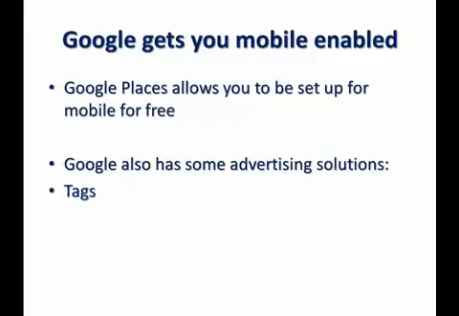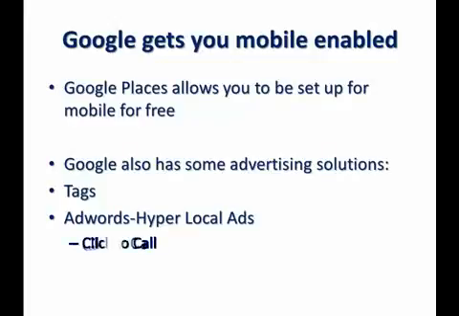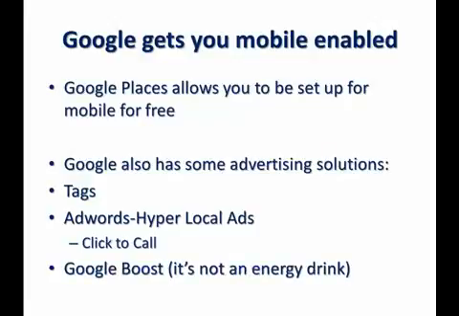So there's Google Tags, which are little tags on your listings, enhancing them. Then AdWords has hyper-local ads, and also click to call. And then there's Google Boost, and no, it's not an energy drink.